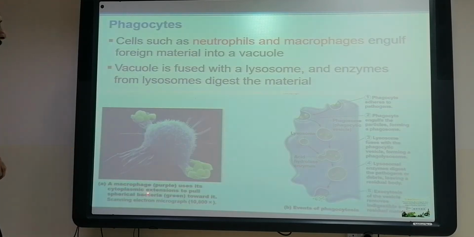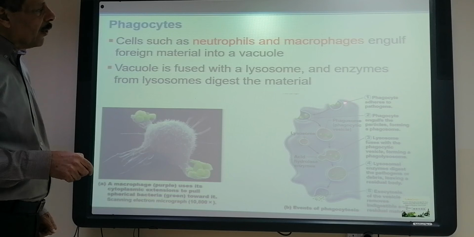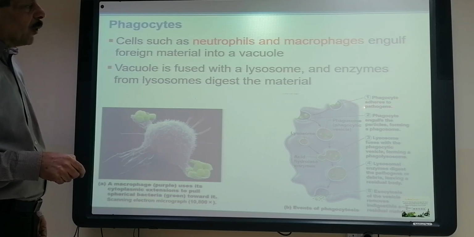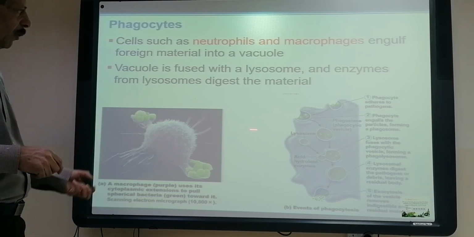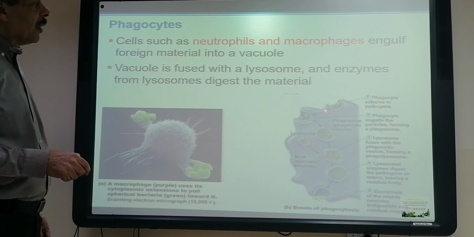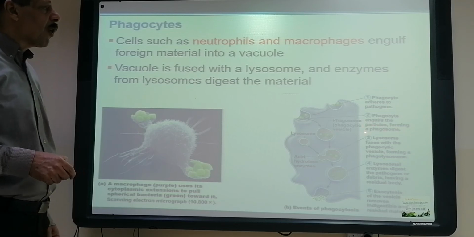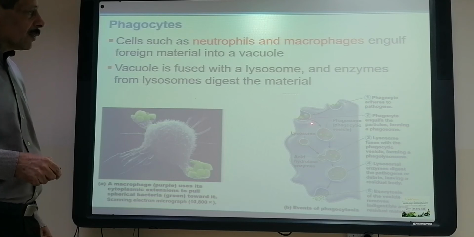The macrophage will use the cytoplasmic extensions to pull the bacteria toward the macrophage, here. Then the phagocyte adheres to the pathogens, and engulfs the bacteria, forming a phagosome here.